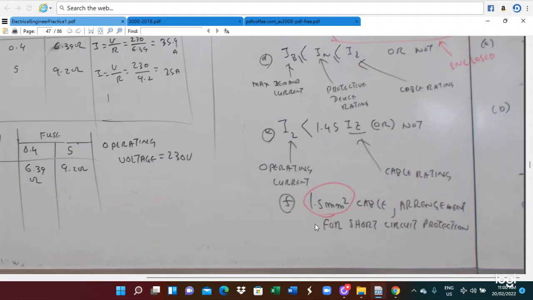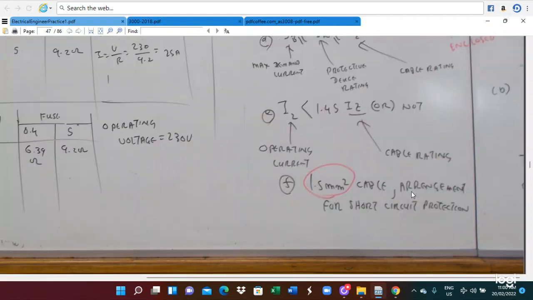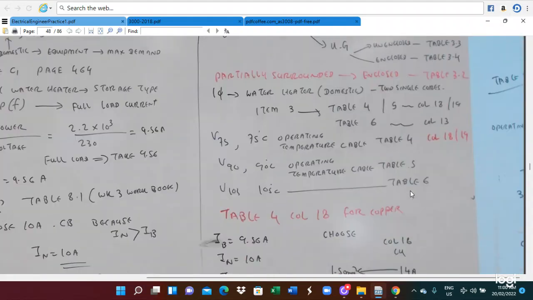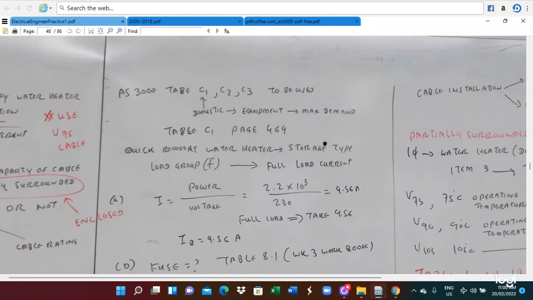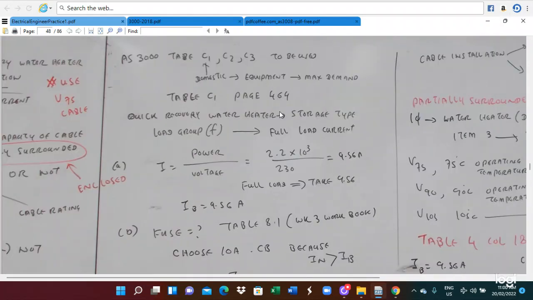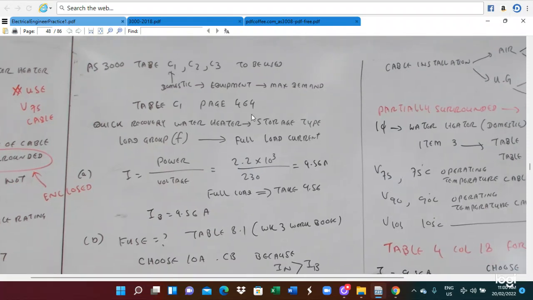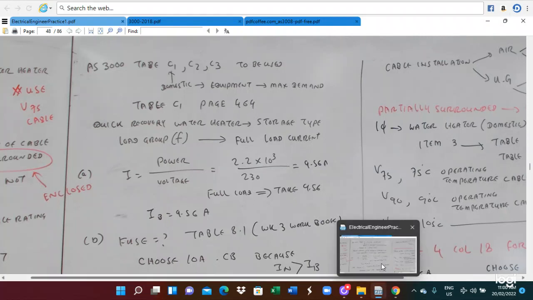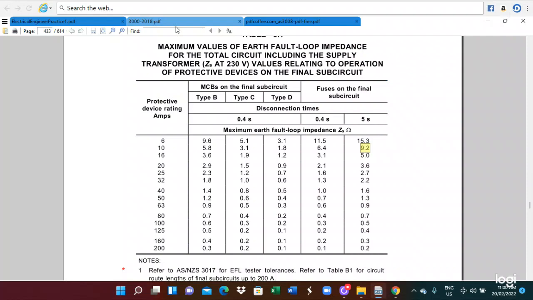The arrangement for the short circuit protection has to be done. So the AS3000 tables C1, C2, C3 have to be utilized. In this case, for domestic equipment, the maximum demand condition, the table C1, page 464 has to be utilized.